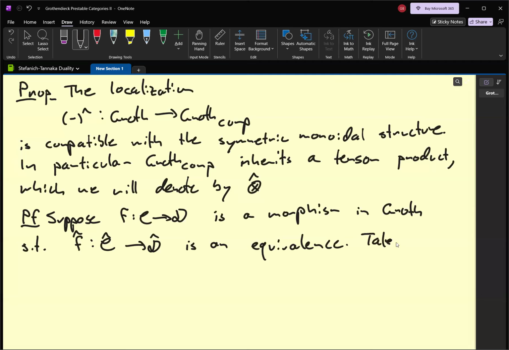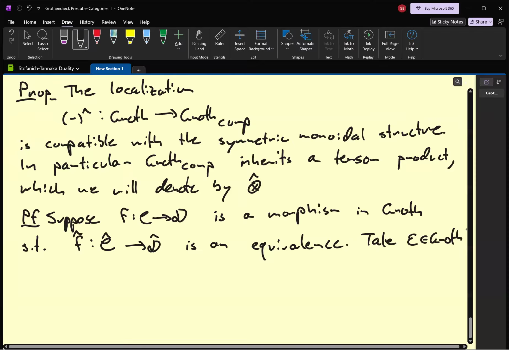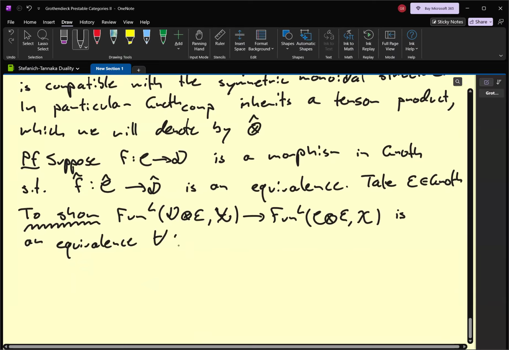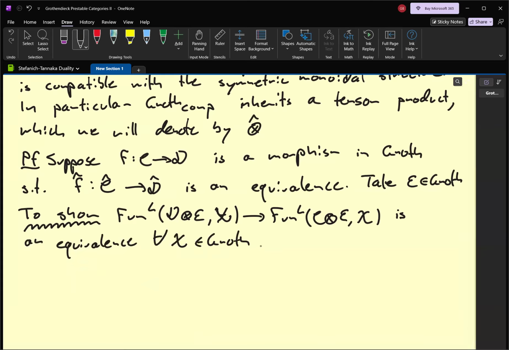So take E in Groth and show that the canonical map from Fun L(D tensor E, X) to Fun L(C tensor E, X) is an equivalence for all complete guys X.